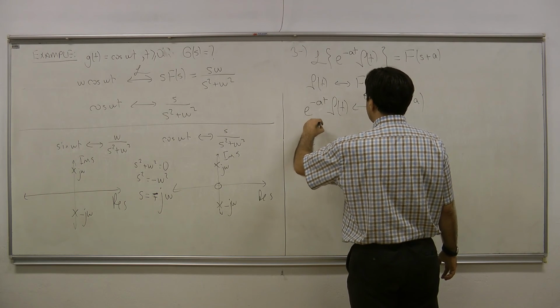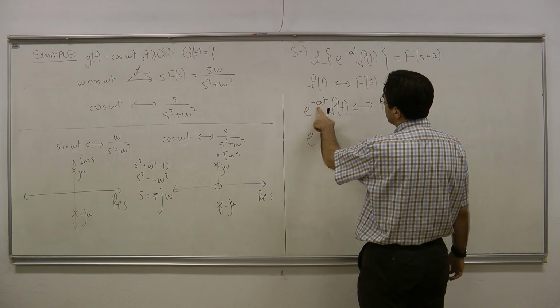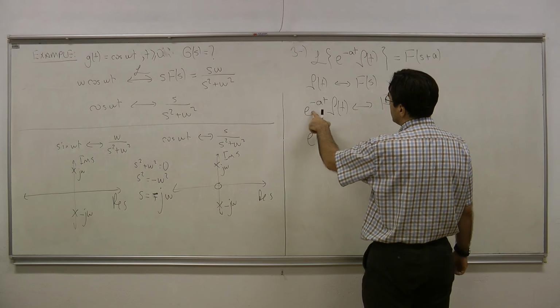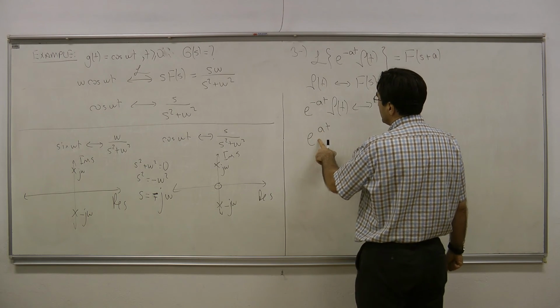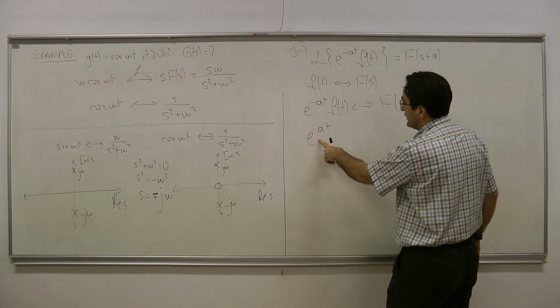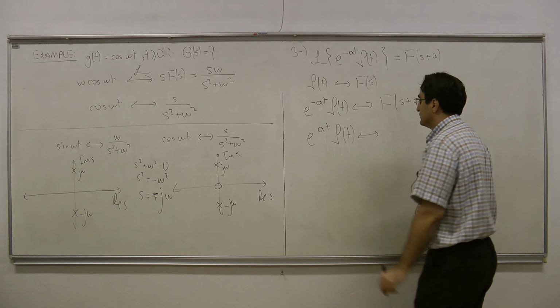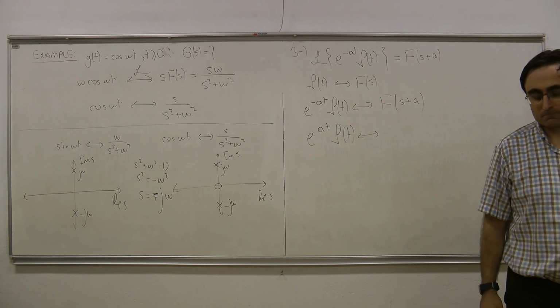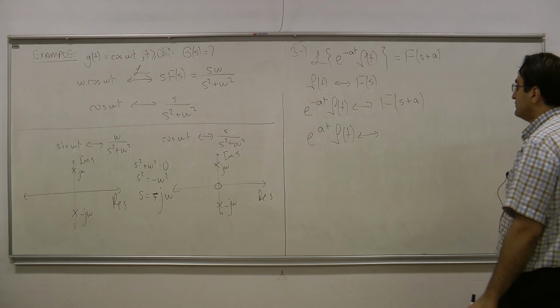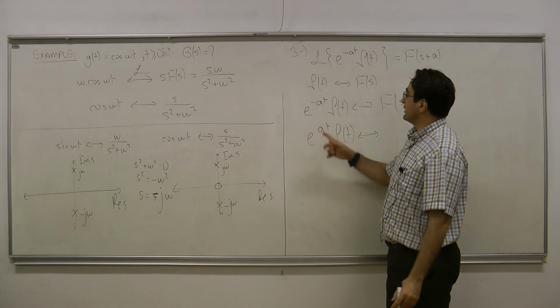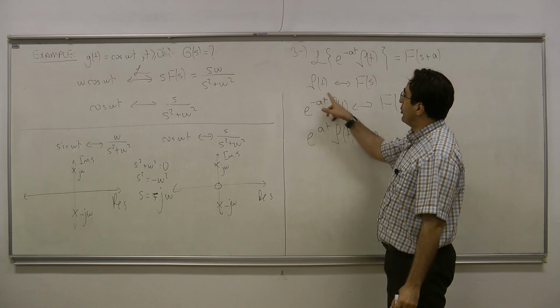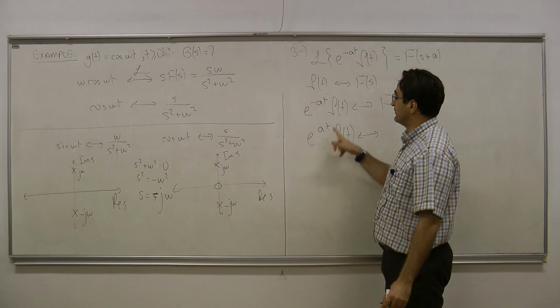All right? So from this simple property, you can actually obtain other properties. What would happen, for example, if instead of multiplying the function with e to the minus at, I multiply the function by e to the at? What is going to be the Laplace transformation in this case? You have to look at how to turn this function into this function.